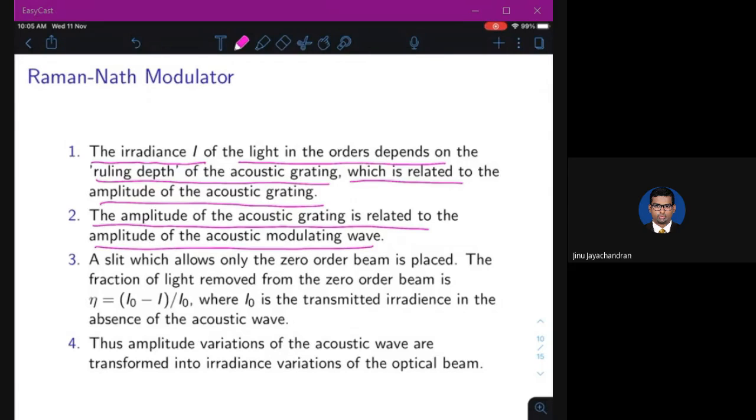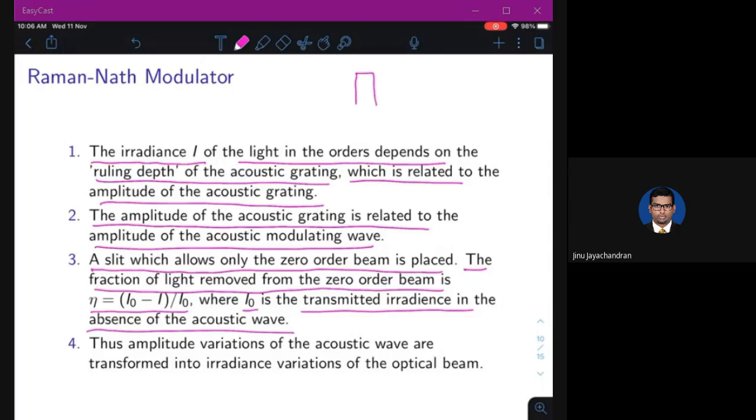So the modulating wave will change the refractive index, which in turn changes the amplitude of the acoustic grating. A slit which allows only the zero order beam is placed. The fraction of light removed from the zero order beam is eta, equal to (I0 minus I) by I0, where I0 is the transmitted irradiance in the absence of the acoustic wave.